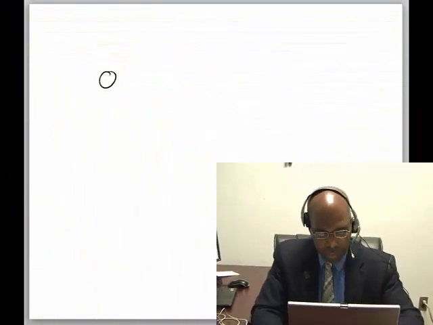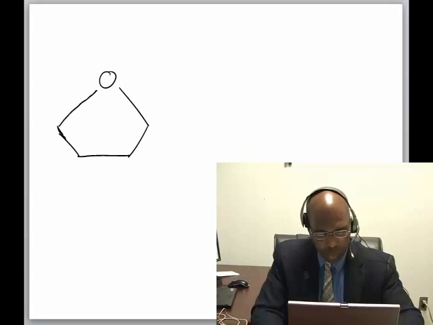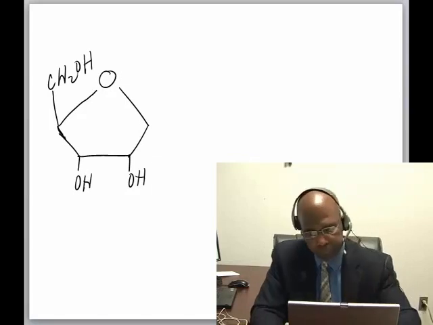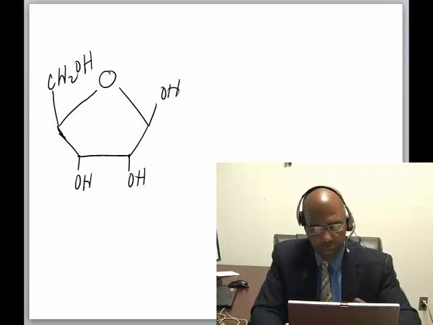So here we have, that's carbon 1, 2, 3, 4. That's carbon 4 there. And I'm going to close the ring. And this will be carbon 5, CH2OH. And then this goes down, down. And let's draw beta. And so this is OH.